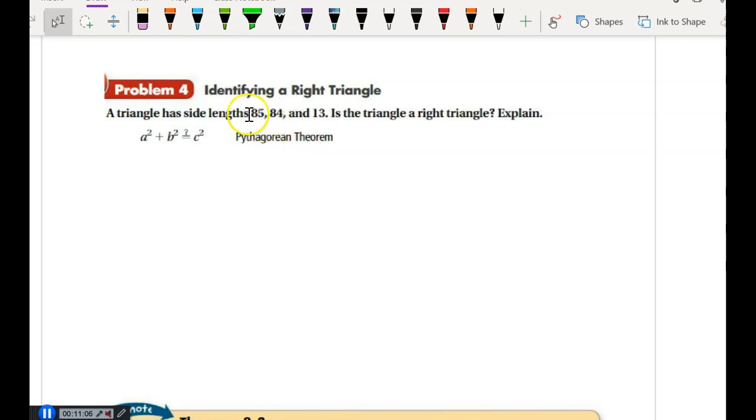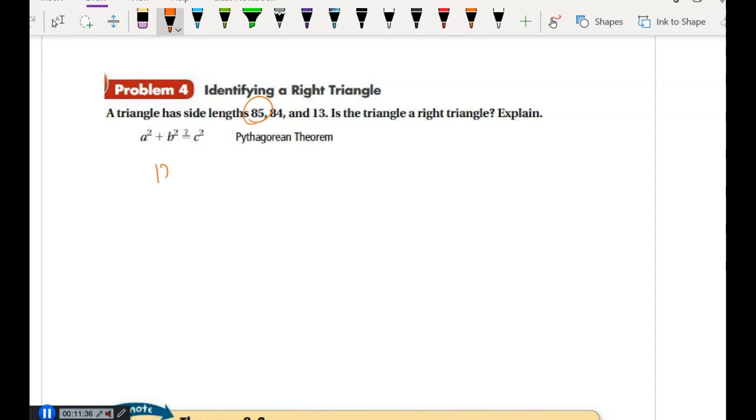Which one of these numbers is the hypotenuse? 85. How do you know that 85 is the length of the hypotenuse? Because it's the largest, because it is opposite of the largest angle, right? So it's the longest length of the three sides.